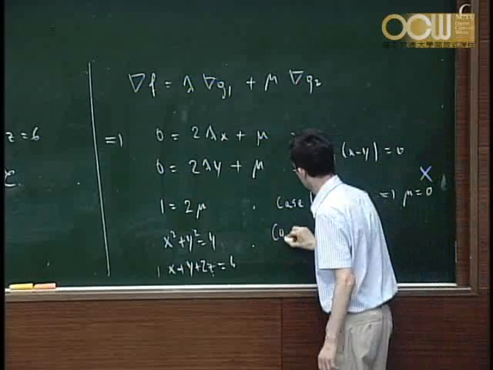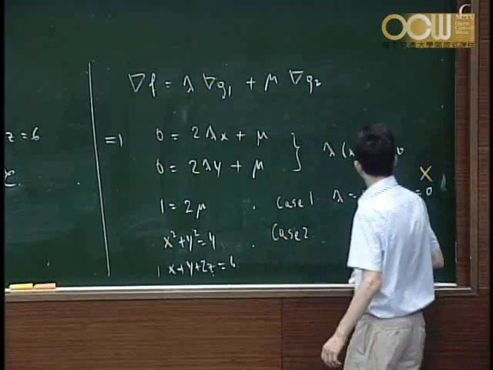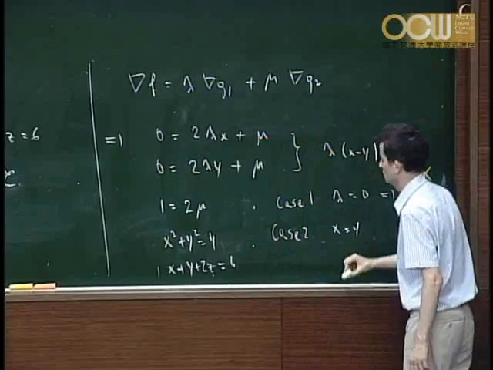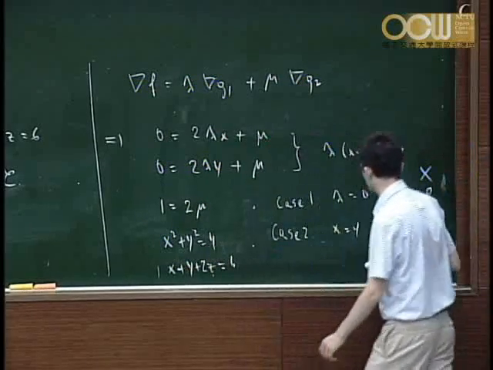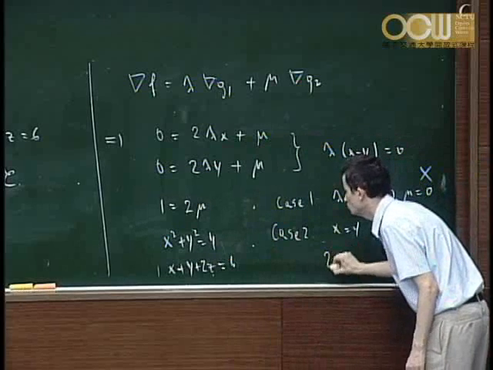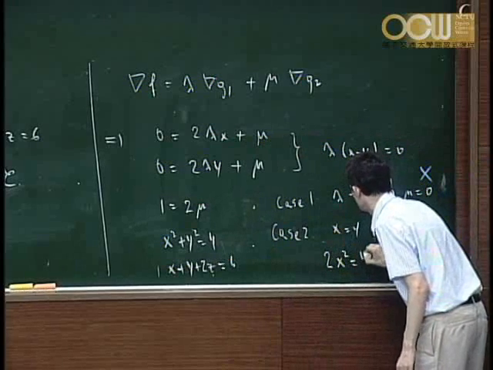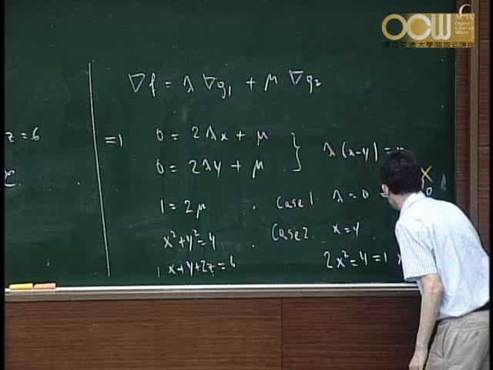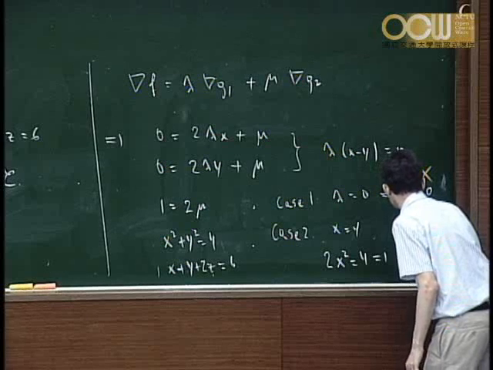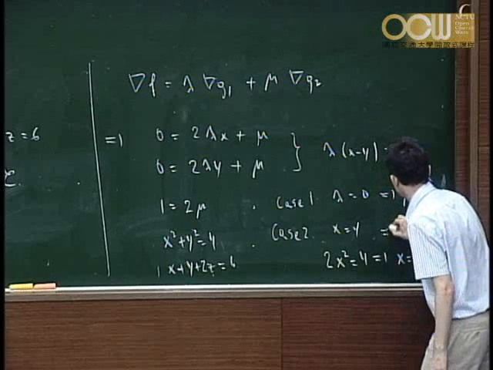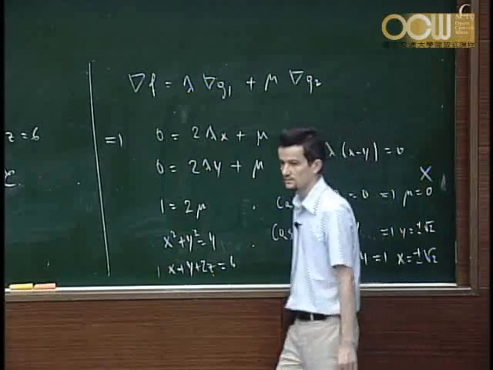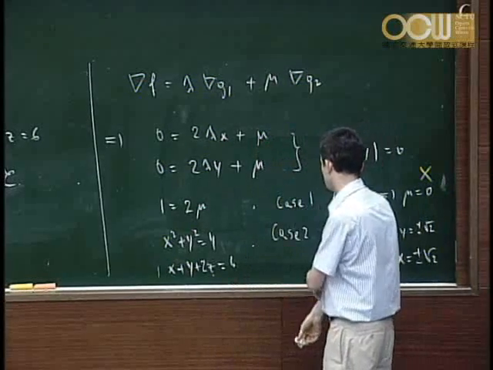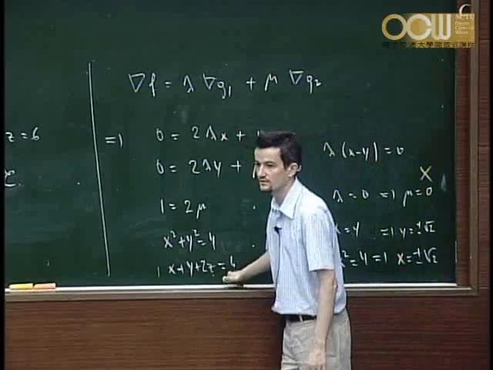Okay, so case 2, x is equal to y. Okay, and for this case, you choose this one. So what you have is 2x squared is equal to 4. So x is equal to plus minus square root of 2, which means y is equal to plus minus square root of 2. And then you use this in order to compute this here.